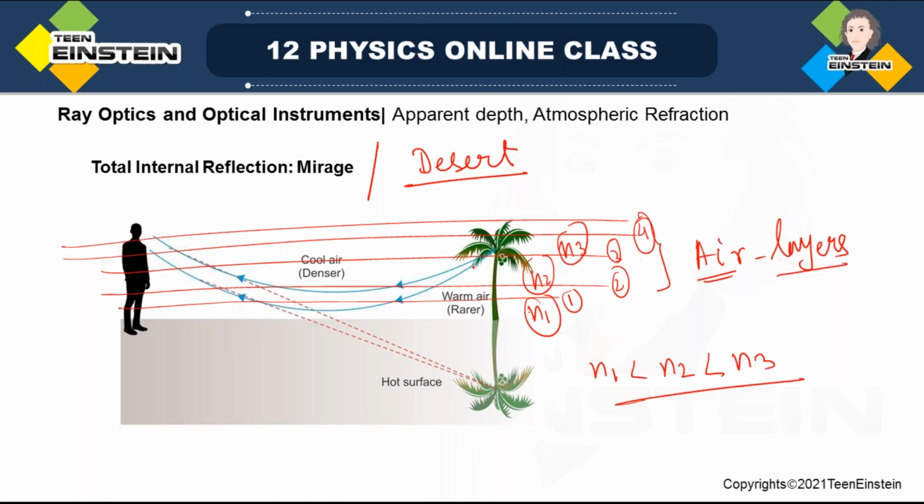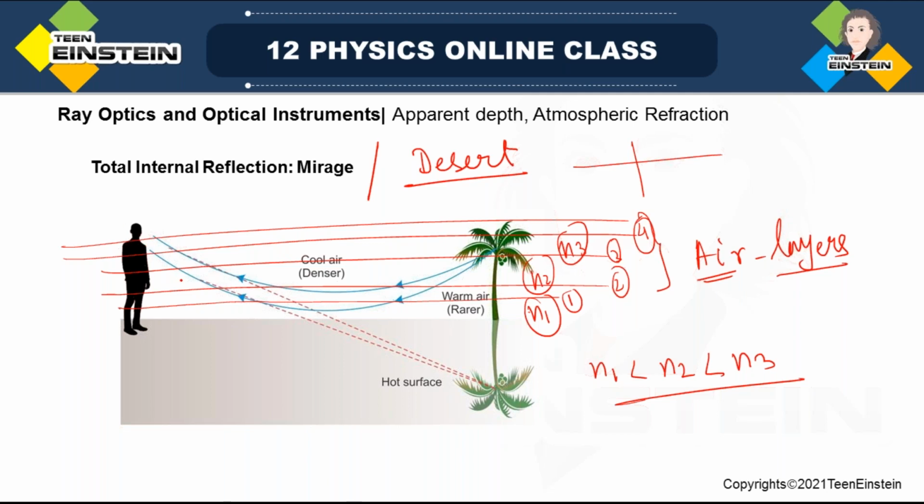So the light rays which are actually going from here to here, every time the light rays are bending towards the normal, because of this refraction from denser to rarer medium.